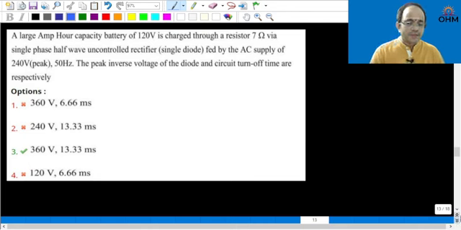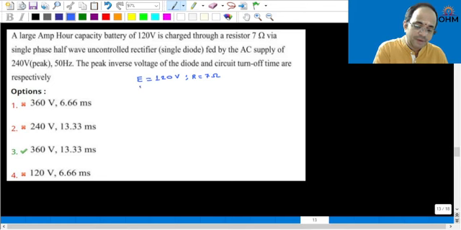Next one. A large ampere hour capacity battery of 120 volt is charged through a resistor of 7 ohm via a single phase half wave uncontrolled rectifier, a single diode, fed by the AC supply of 240 volt peak. From the given data, I can quickly note down the points. Load side: a battery voltage of 120 volt and a resistance of 7 ohm.